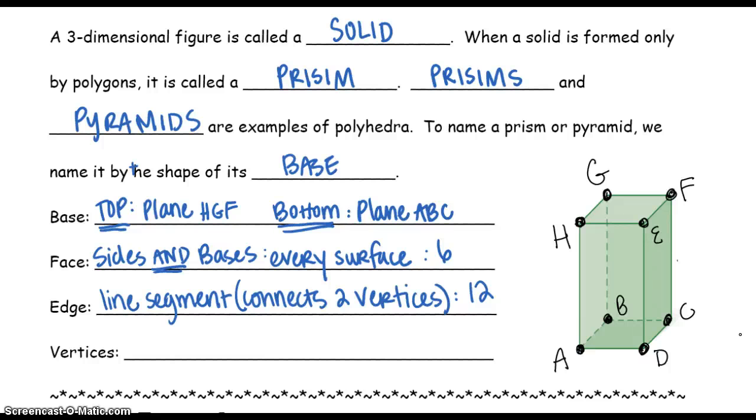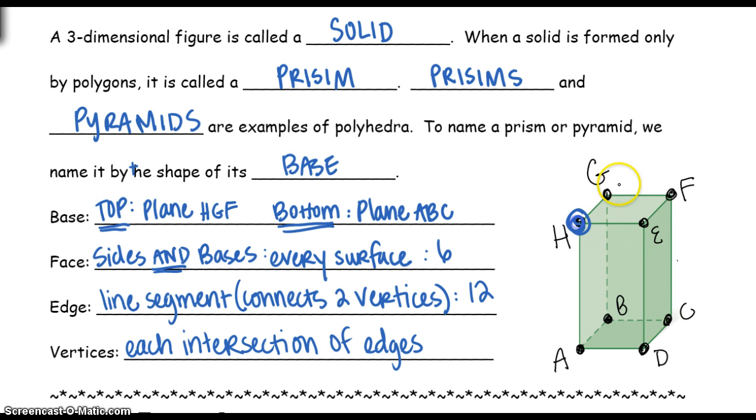All right, the last one, vertices. This would be each point, each intersection of edges. Each intersection of an edge, wouldn't that be here and here and here and here and here and here and here and here?